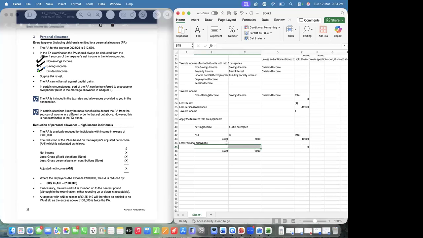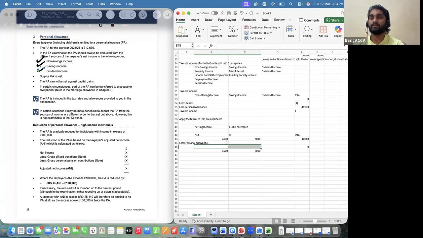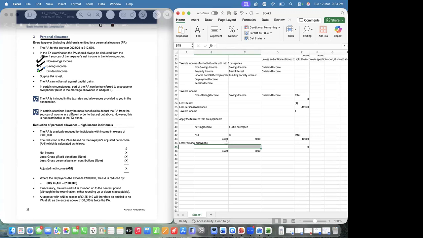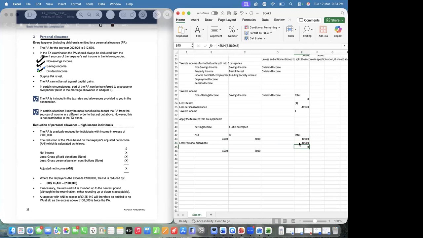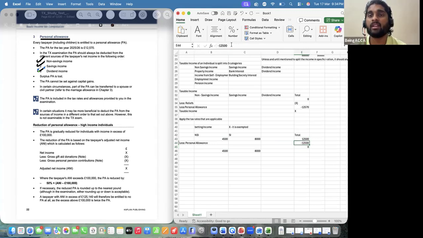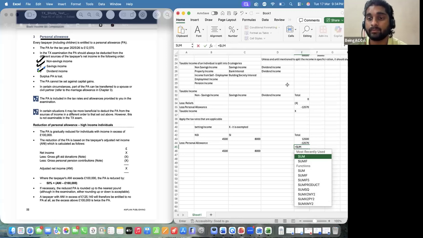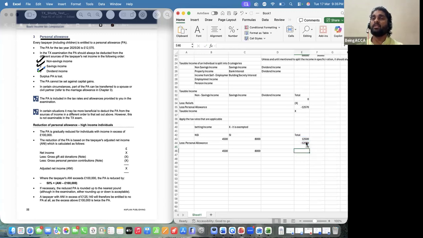But how much is our personal allowance? Total personal allowance available? 12,570, correct? But if our income is less than personal allowance, then the personal allowance will be restricted to how much ever our income is. The excess personal allowance is lost. Which means if it is 12,500, you cannot take 12,570 and say, okay, my taxable income is minus 70 pounds, so I'll get a return from the tax department or HMRC.